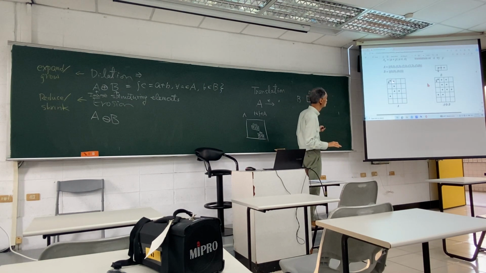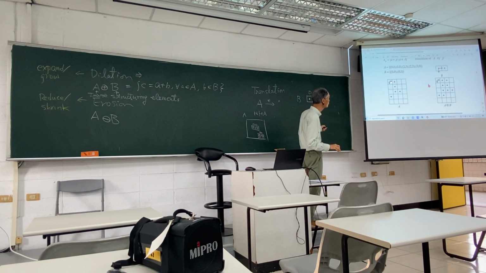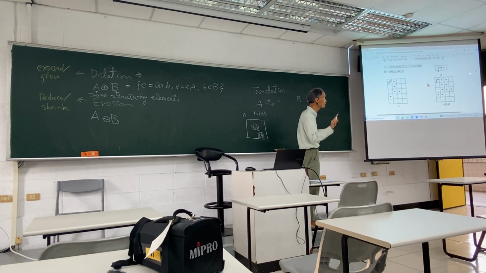So this is A. Now we put the origin right here, so you will expand to the right by 1 pixel, right? See that? And then we put this origin at the second point here. Then you will also retain the original pixel and also expand it to the right.